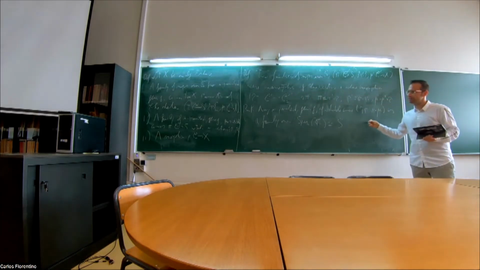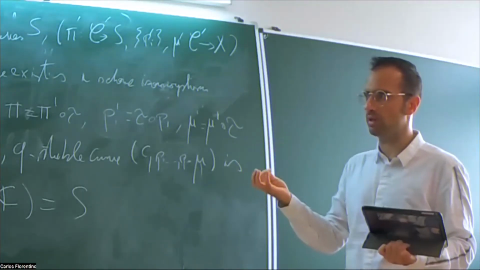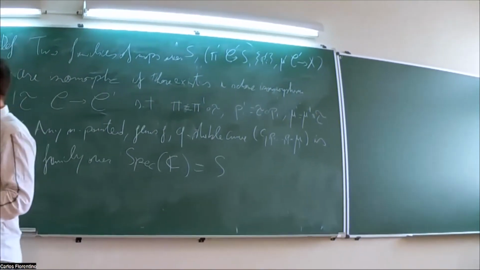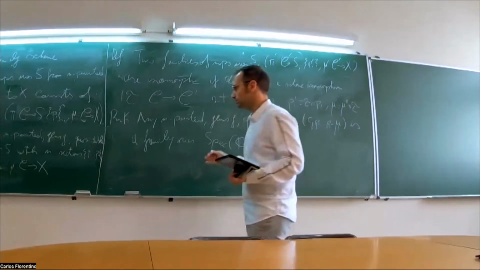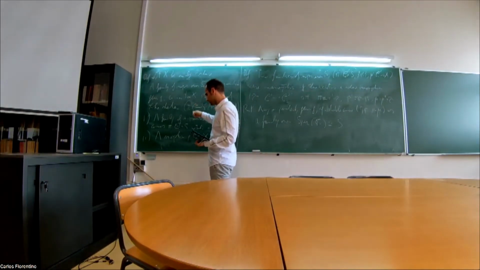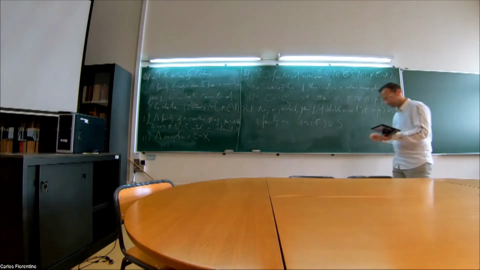So this is basically the definition of a single quasi-stable map. It is this one when S is just a point, so when C is actually a curve. Okay.